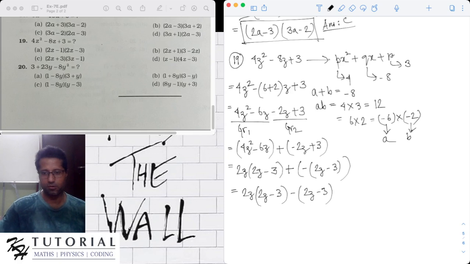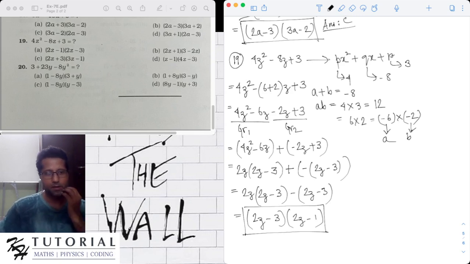Now I can see that both the groups have a common factor of 2z minus 3, and hence the final factorization will be 2z minus 3 multiplied by 2z minus 1. So this is the final factorization, and hence the correct choice will be 2z minus 3 and 2z minus 1.